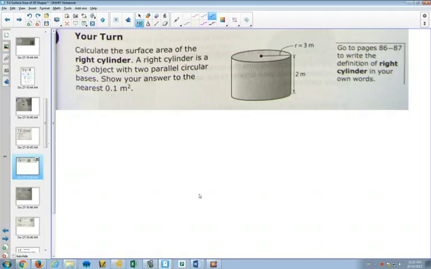So we go to our formula sheet, and if you're going to use a formula, the first thing to do is to write out your formula. This formula for surface area will give the side of your cylinder plus the circle at the top plus the circle at the bottom, which is what we want to find.